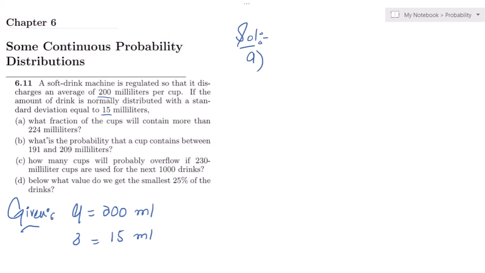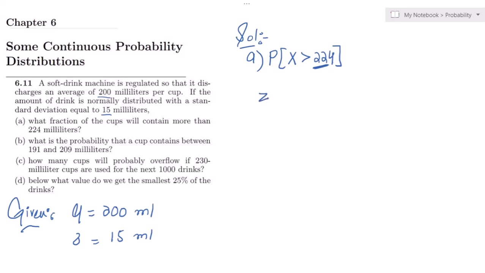If we neglect the milliliters, we want to find the probability that x, the amount, is greater than 224. In order to find this probability, we need to consult the z distribution table.